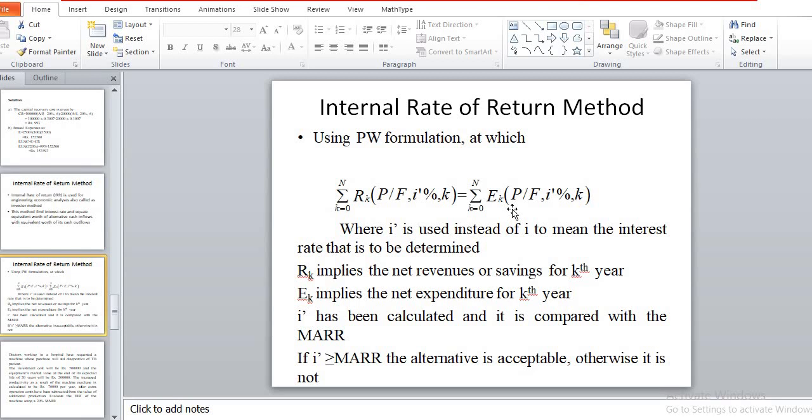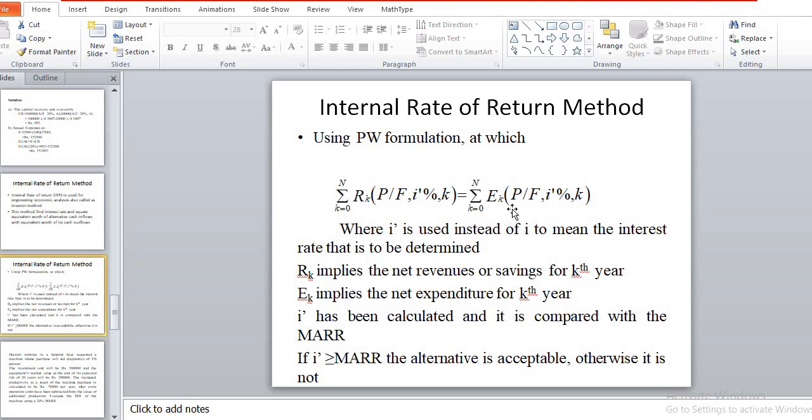So when present worth becomes 0 at a particular interest rate I dash, that interest rate I dash is nothing but the internal rate of return, generally denoted by the notation IRR.